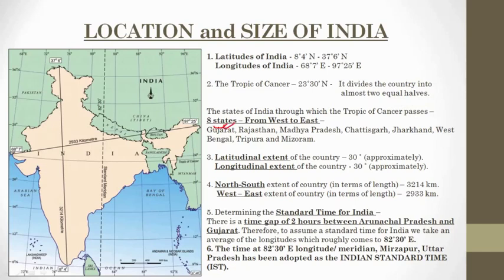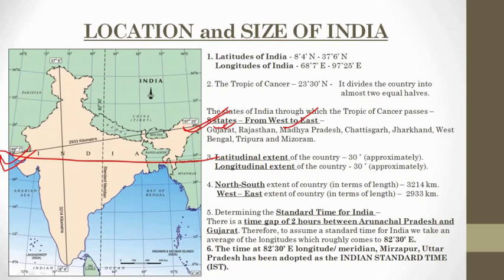If we start from west to east, let me repeat, from west to east, this line you can see here is your Tropic of Cancer, which measures about 23 degrees 30 minutes north of the equator, and it divides your country into almost two equal halves.